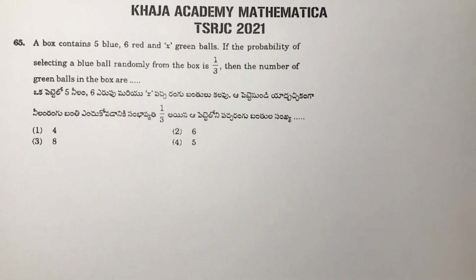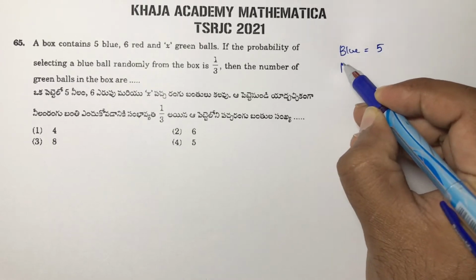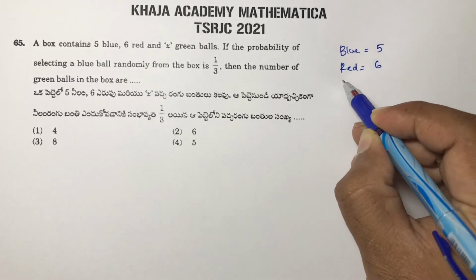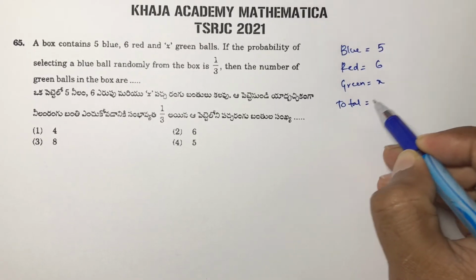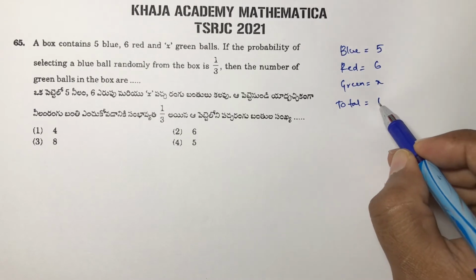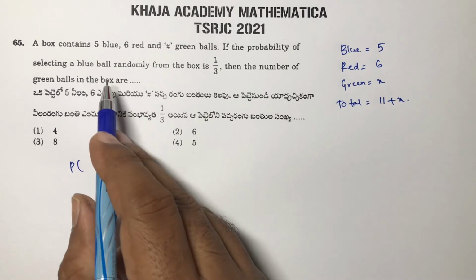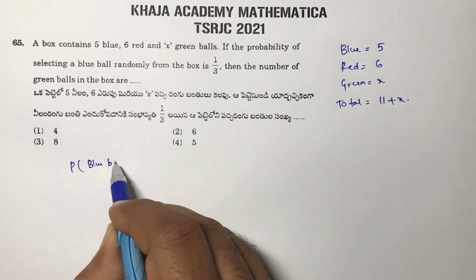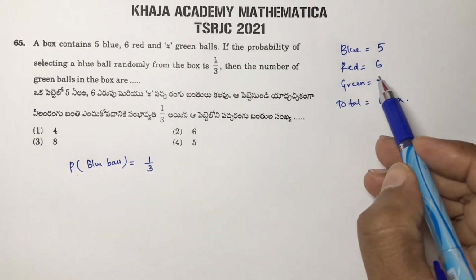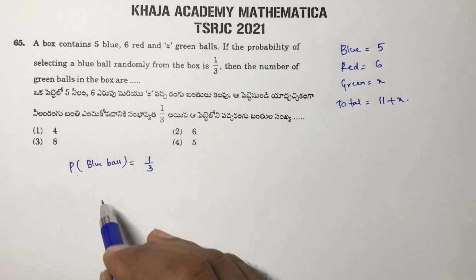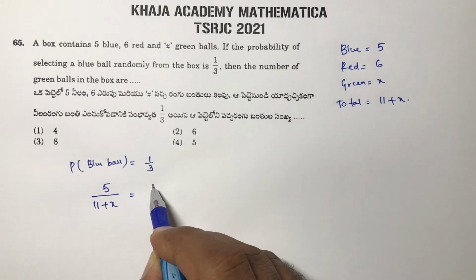A box contains 5 blue, 6 red, and x green balls. So the total number of balls will be 5 plus 6 plus x, that is 11 plus x. Now the probability of selecting a blue ball is 1 by 3.